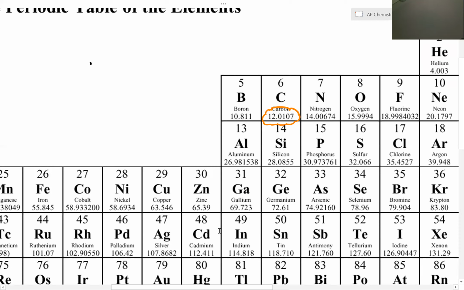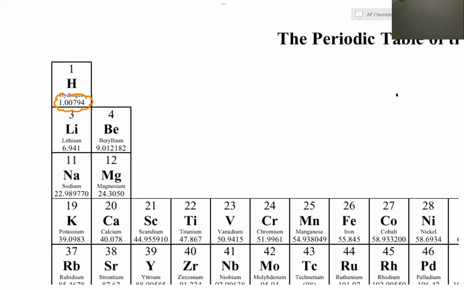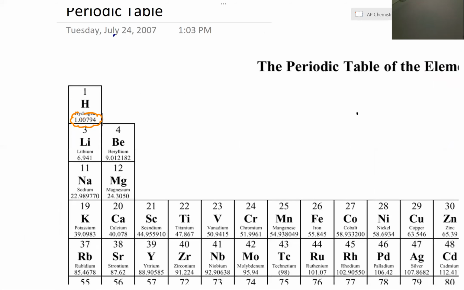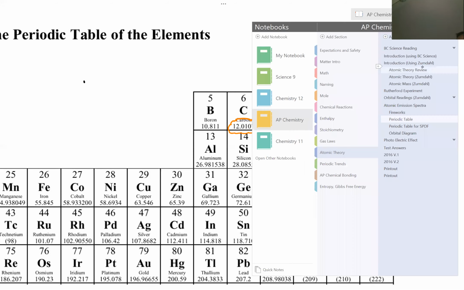So this is why carbon has a mass of 12, while hydrogen has a mass of 1, because it is the relative mass. And in this case, nitrogen is 14 because one atom of nitrogen is 14 times heavier than an atom of hydrogen. So this is what we talked about when you talk about atomic mass.